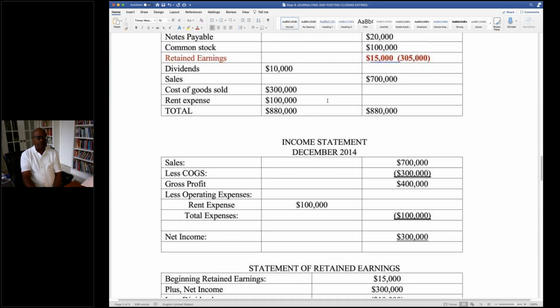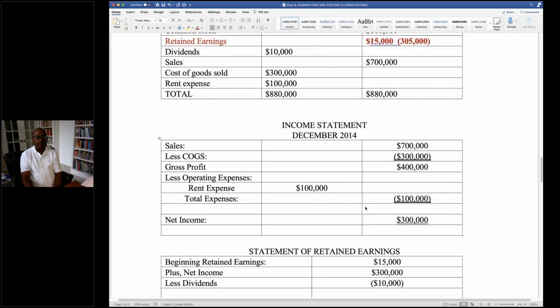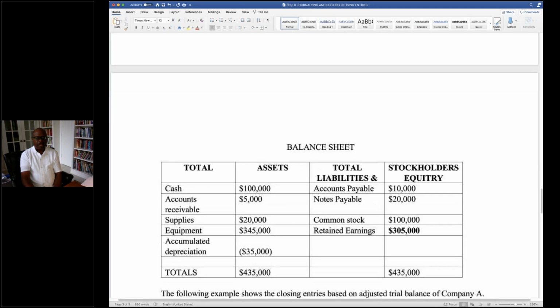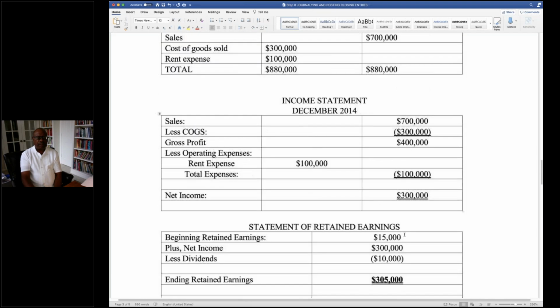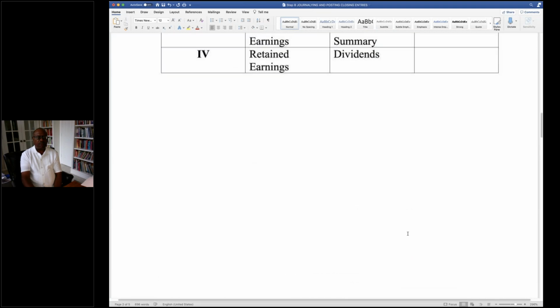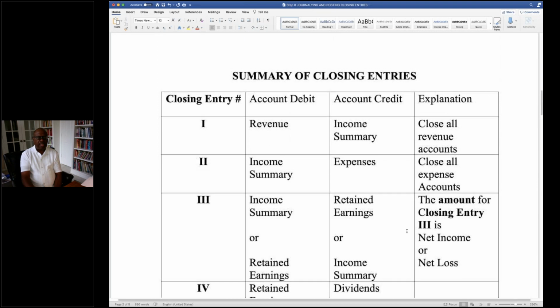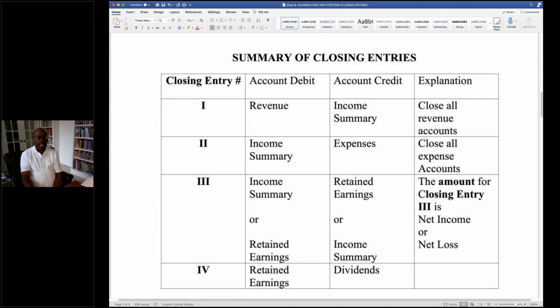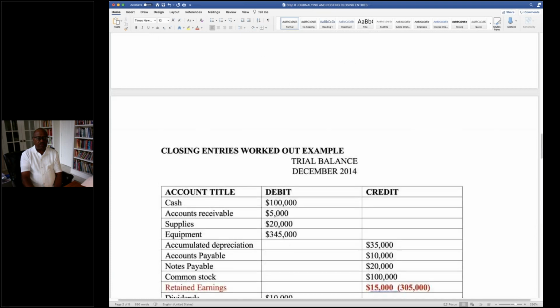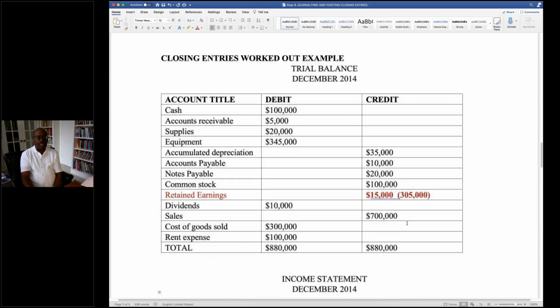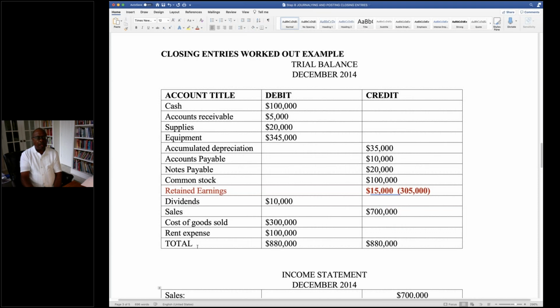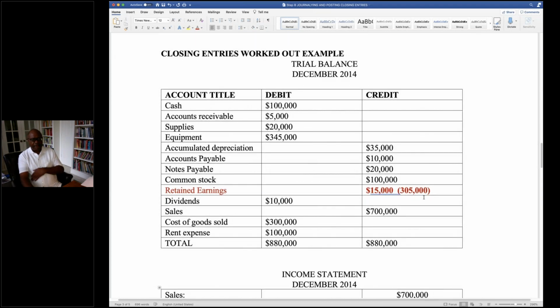Every company in the world prepares the income statement, statement of retained earnings, the balance sheet, but in getting to the balance sheet, it's going to make these closing entries, and that way close out everything. These are all temporary retained earnings accounts. They're all being closed out. And so once they're closed out, that balance of retained earnings is now 305,000.